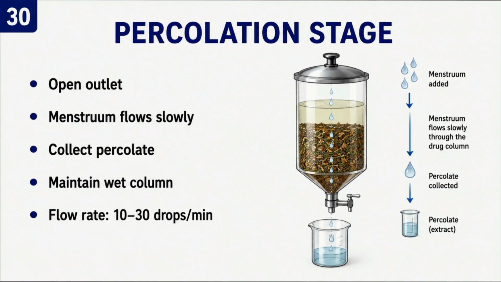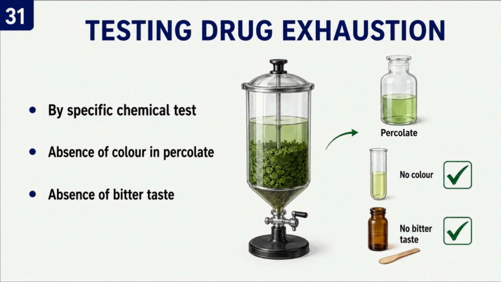Testing during exhaustion. How do we know that the extraction is complete? We test for drug exhaustion. Special chemical tests may be used. We can also observe the color of the percolate. The absence of the characteristic color may indicate reduced extractable constituents. The absence of bitter taste may also be useful for certain drugs.